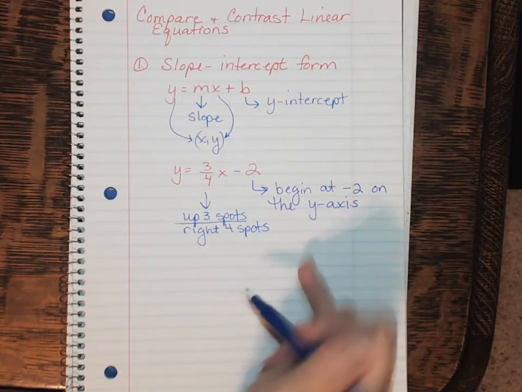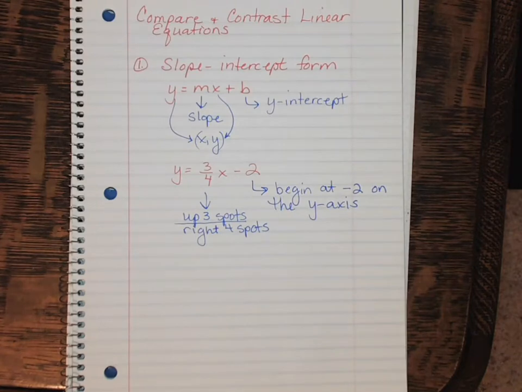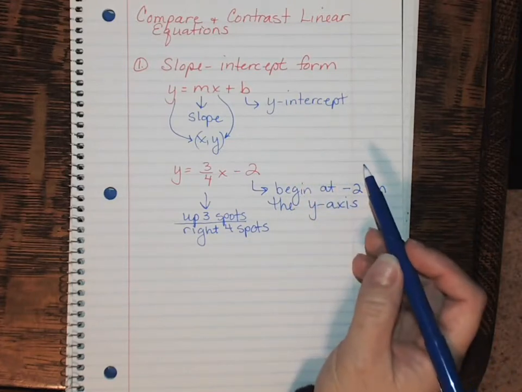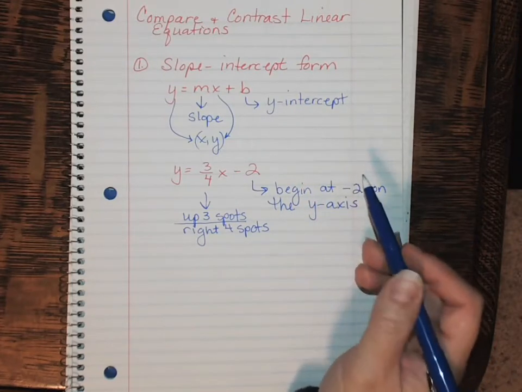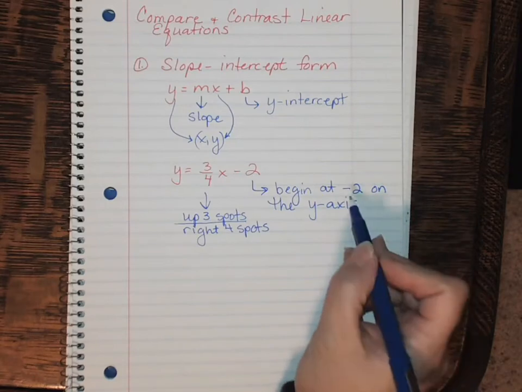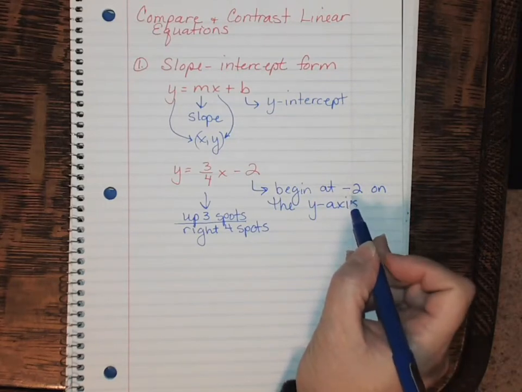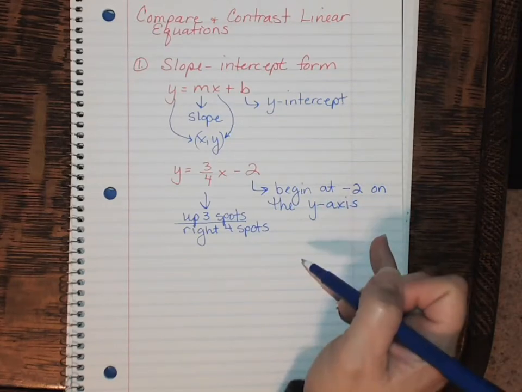And once you graph that, as you go up 3 over 4, you're going to create your line, and then you can find where your -2 on the y-axis coincides with your x.